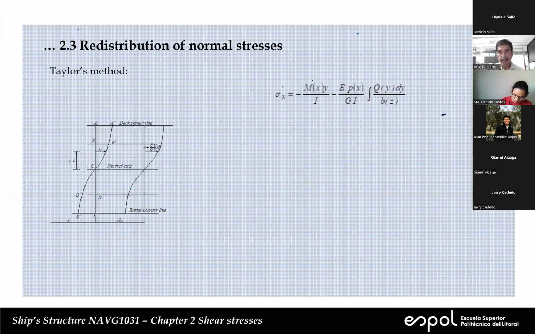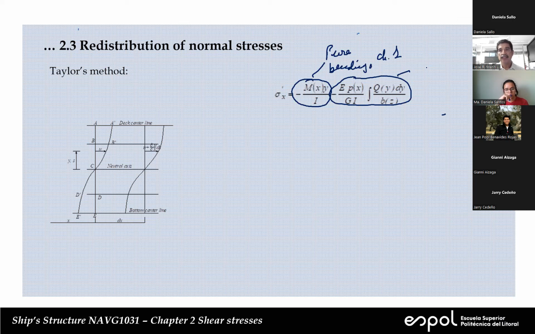This is from pure bending. So this is chapter 1. And now we have reduced this in chapter 2. So this is sigma x cc.